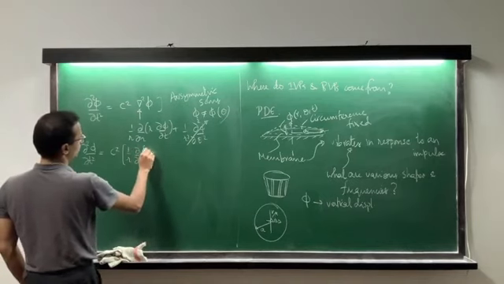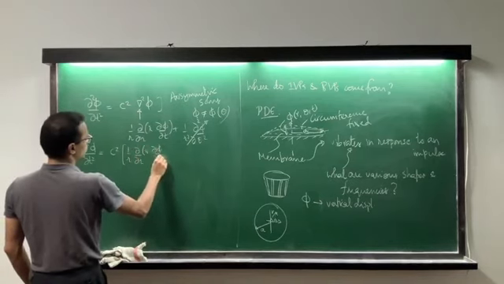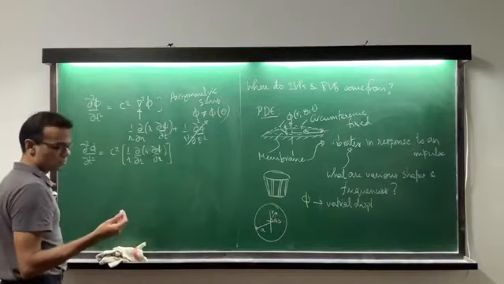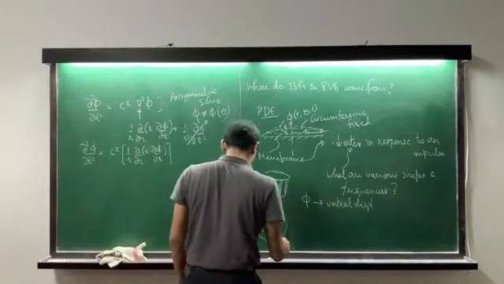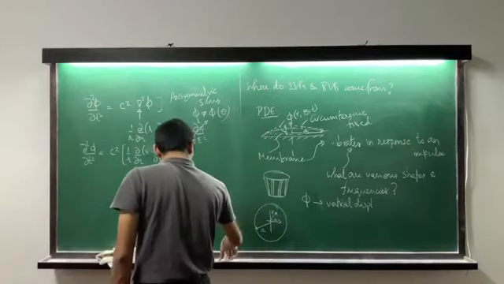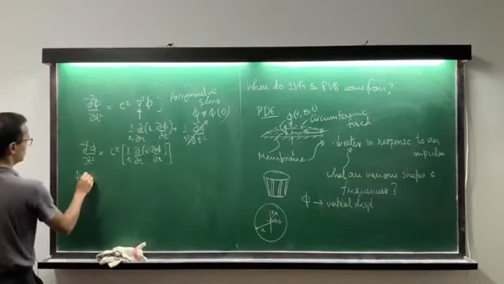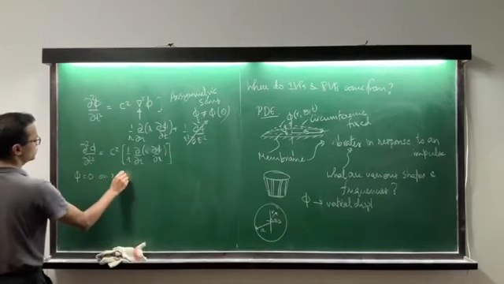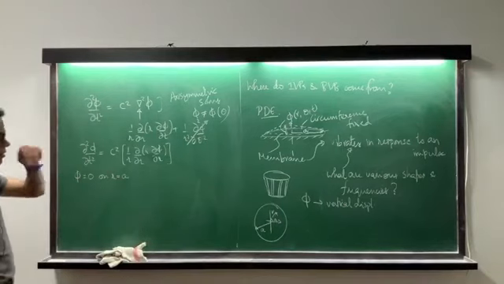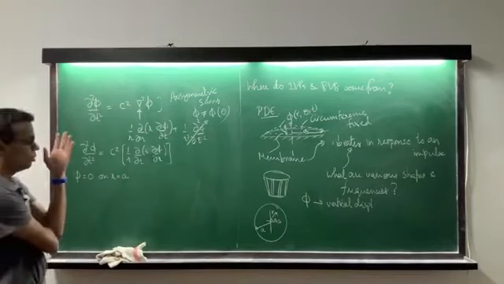And the equation looks like this. The equation for phi, and we have to solve this. Now the boundary is kept fixed, so phi equals 0 on r equals small a, right? r is the radius. So how do we go about solving this?